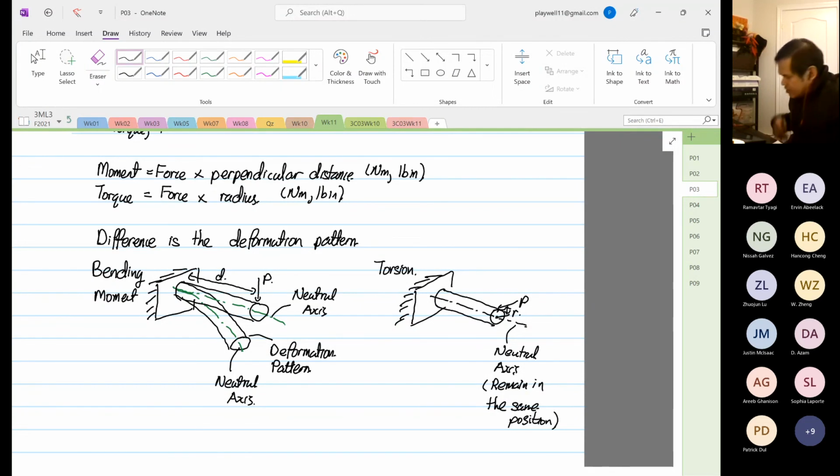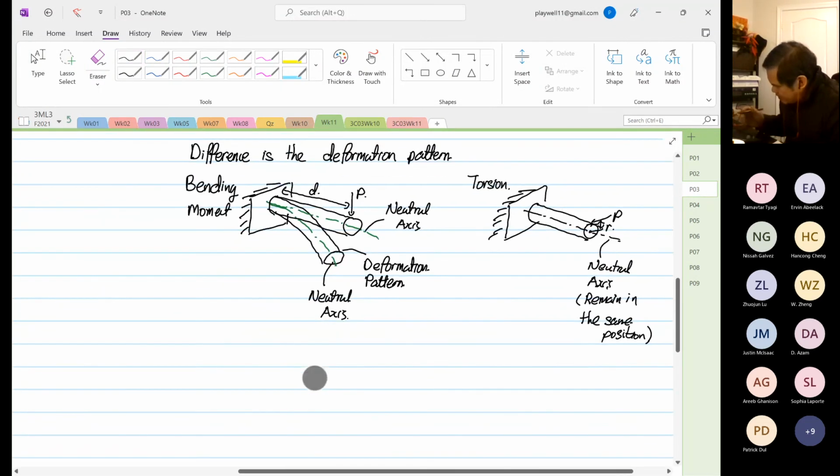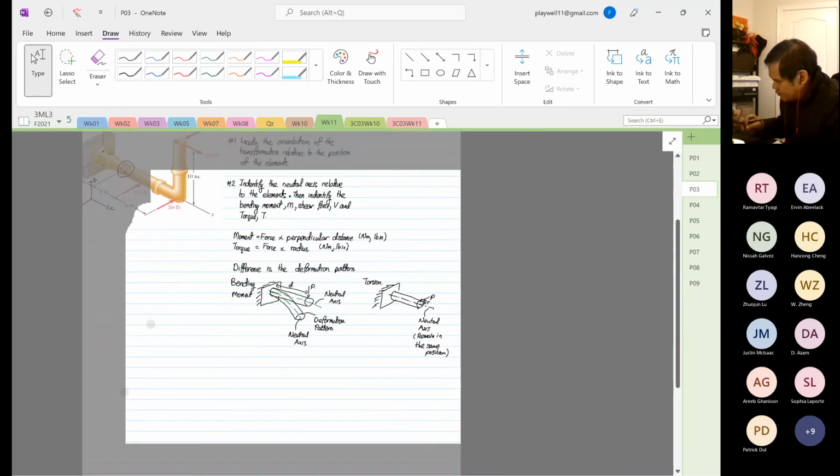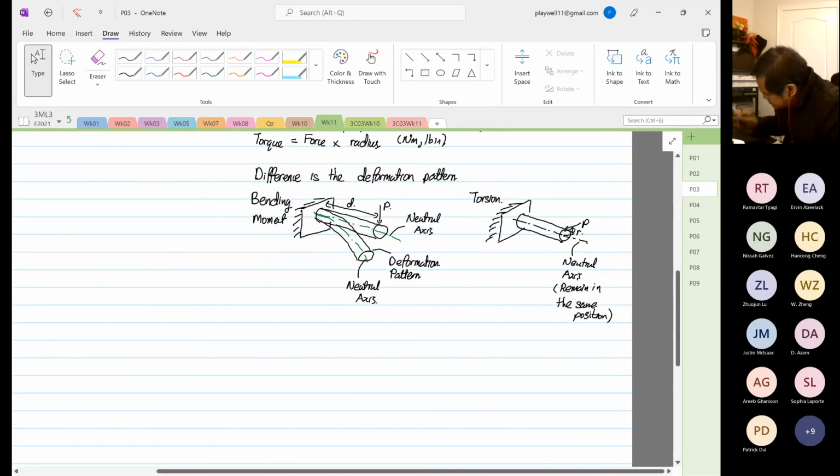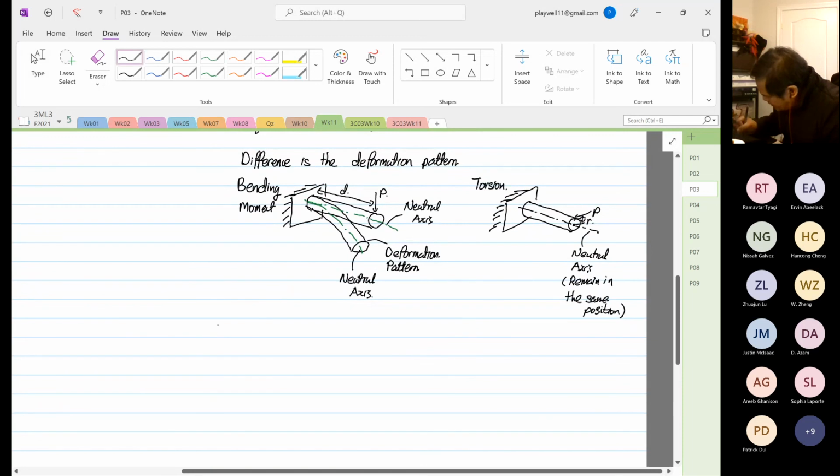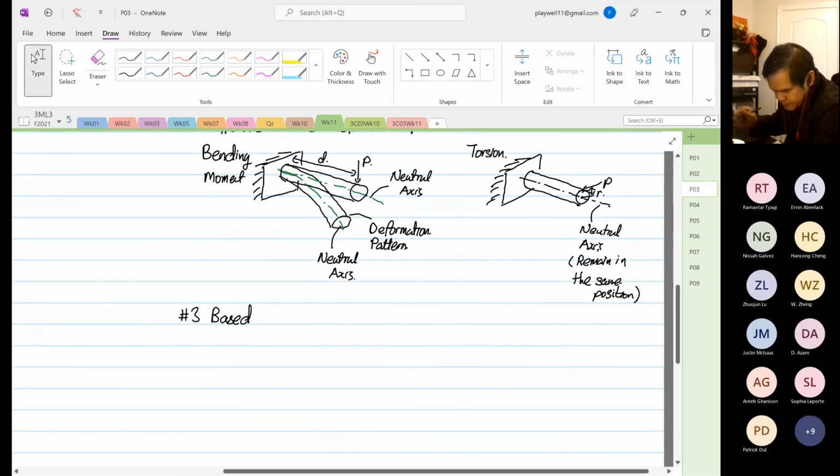And then the third rule that you have to apply. So we are in the second rule. The third rule is you have to base it on a certain view orientation. I'll explain the third rule later on.